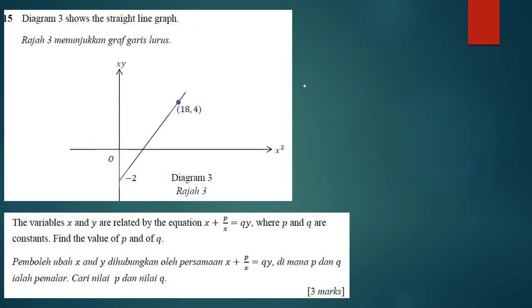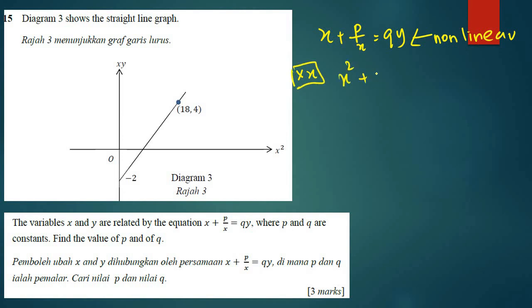Okay, question 15. Question 15 is a linear law question: x plus p over x equals qy. This is a non-linear equation, so we need to change it to a linear equation whereby the y-axis must be xy and the x-axis must be x squared. How to change it? We can multiply by x.